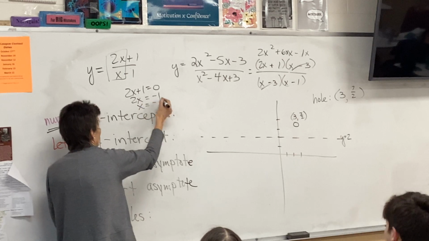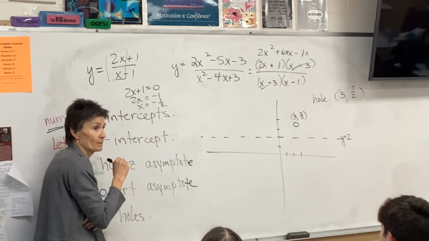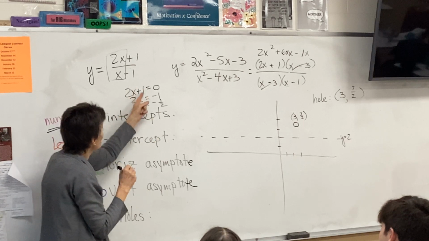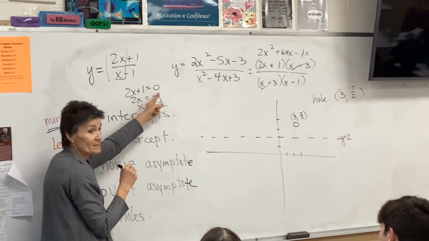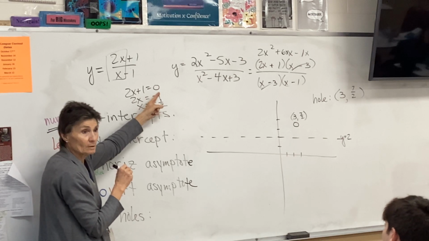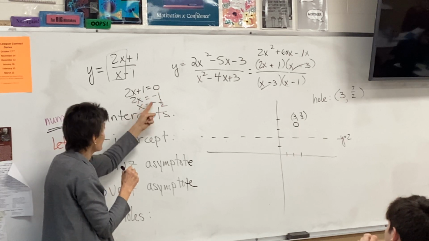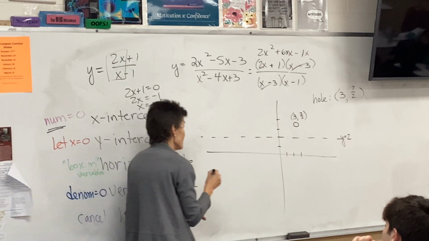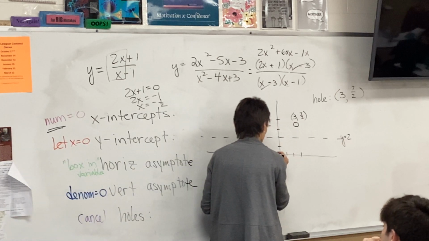What number makes that 0? I want my numerator to be 0. Right? So what x value makes it 0? Negative a half. So my x-intercept's at negative 1/2.